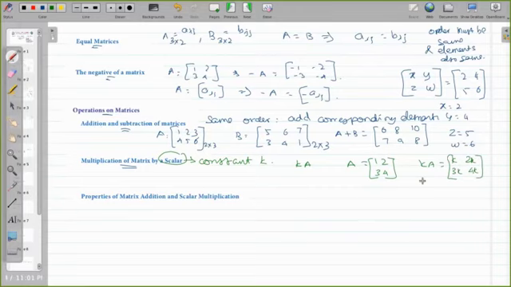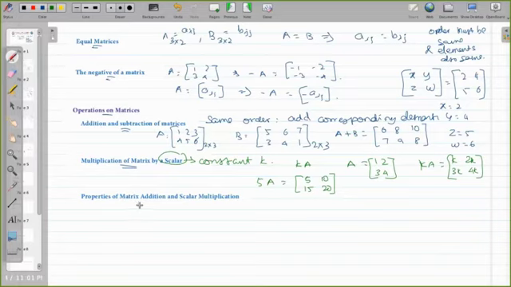Similarly, we can say 5A: 5 into 1 is 5, 5 into 2 is 10, 5 into 3 is 15, 5 into 4 is 20. What does it mean, children? Multiplication of a matrix by any scalar means multiplying each element in the matrix by that number.